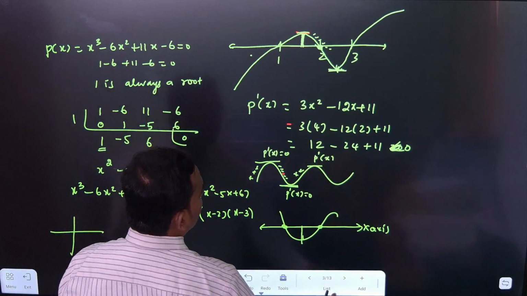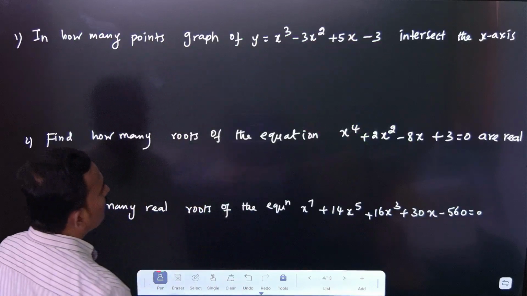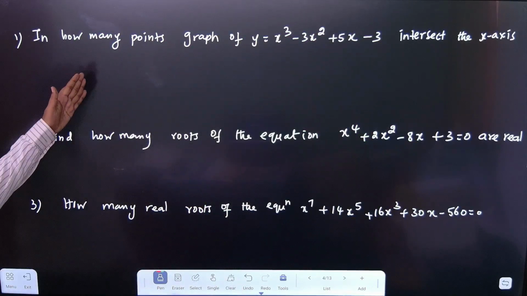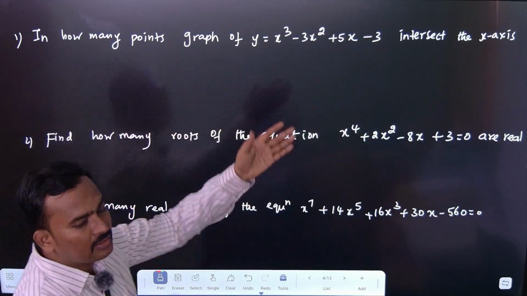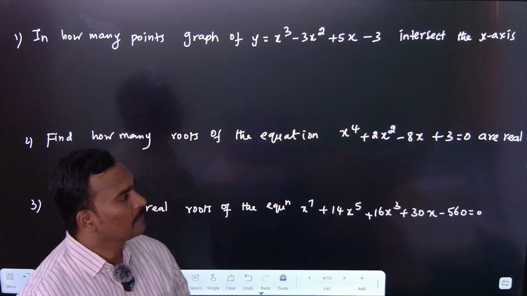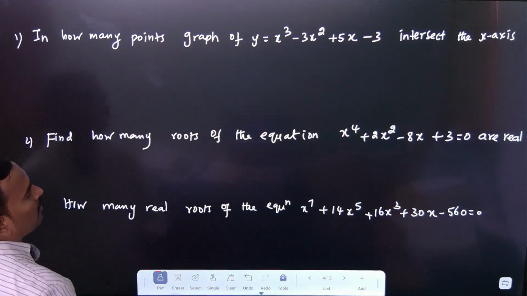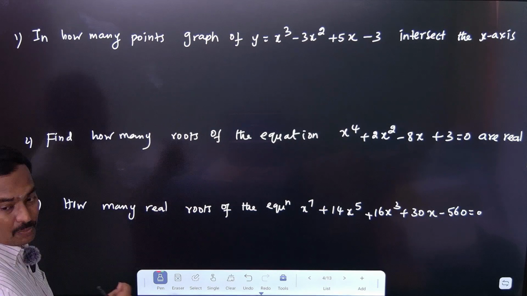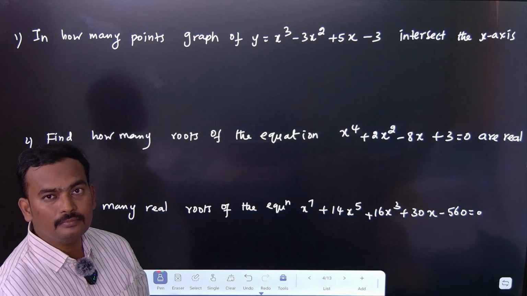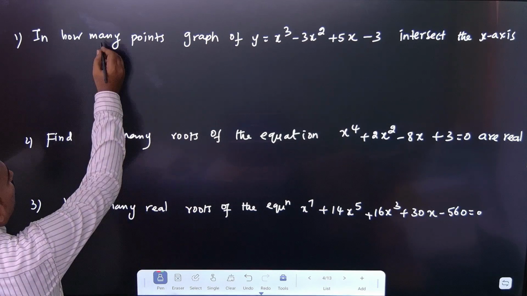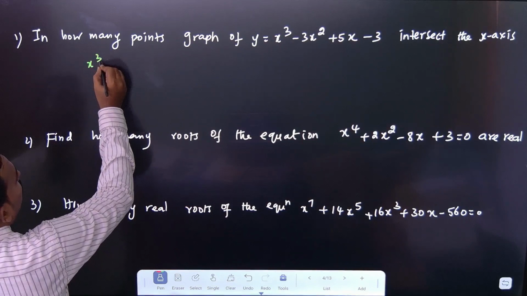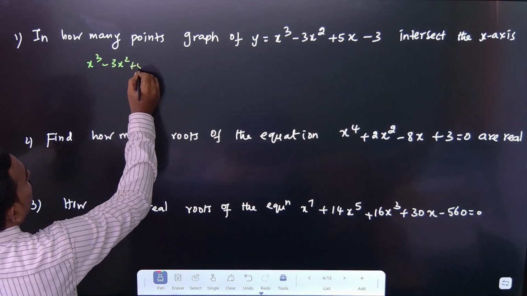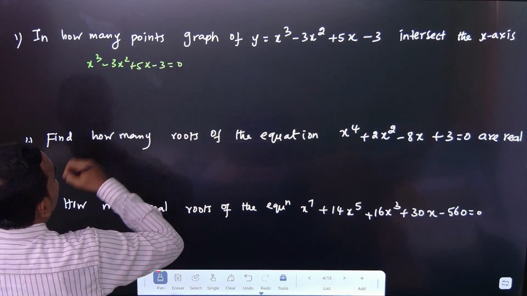Yes, correct only. Fine. Next, how many points does the graph intersect the x-axis? You can see this is a cubic polynomial. Intersecting the x-axis means you have to put y equal to 0, right? What will we get? x cube minus 3x square plus 5x minus 3 is equal to 0.